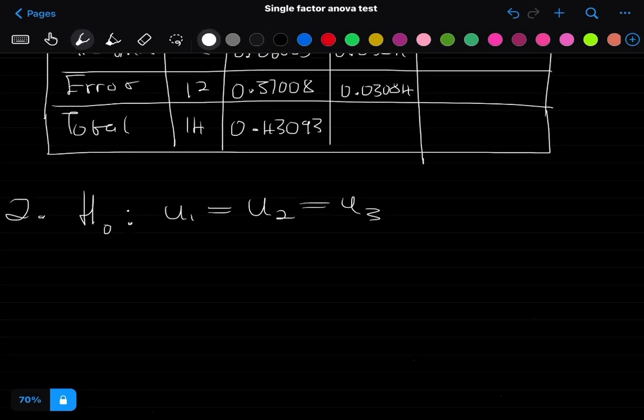And then the alternative hypothesis will be at least 2 of the population means are unequal.